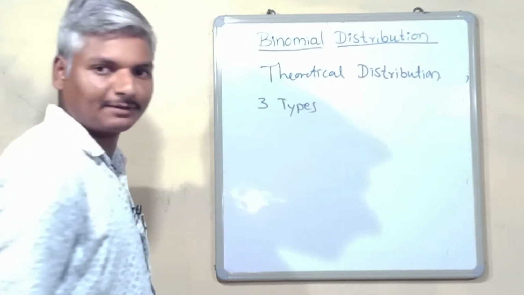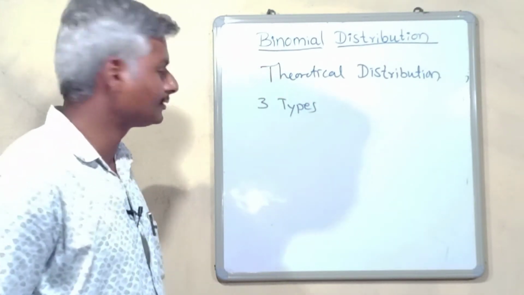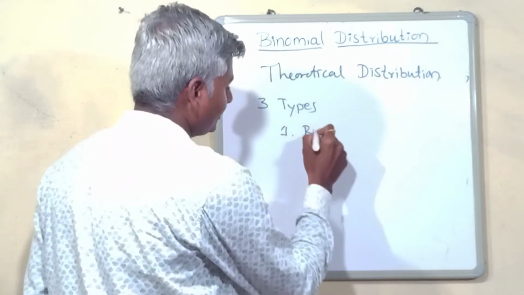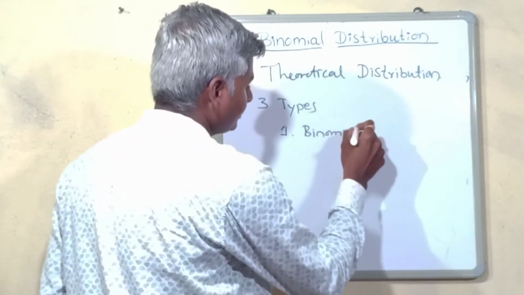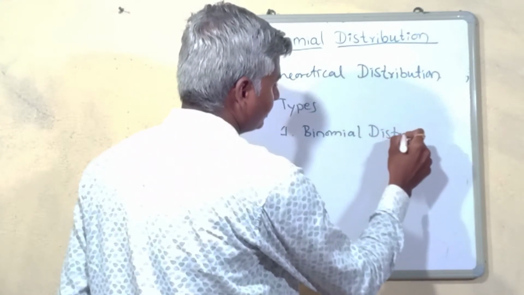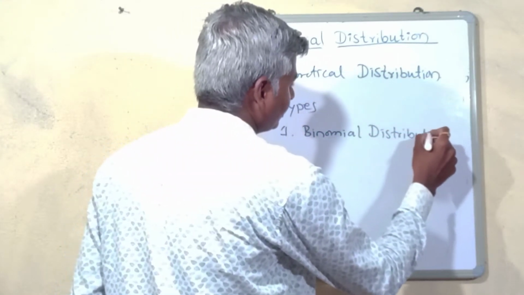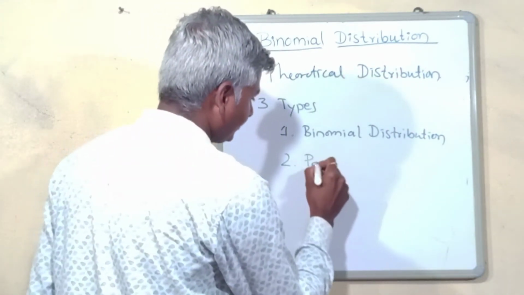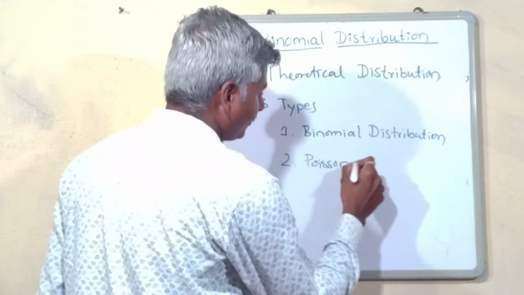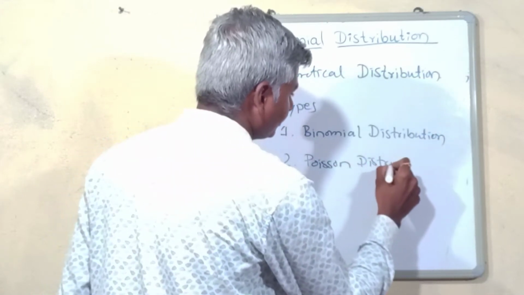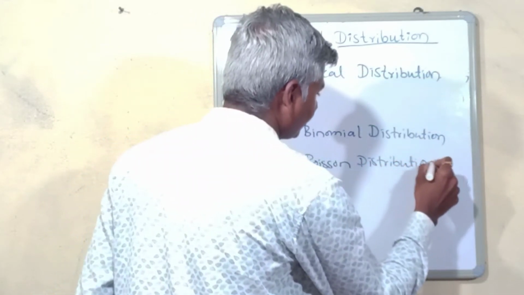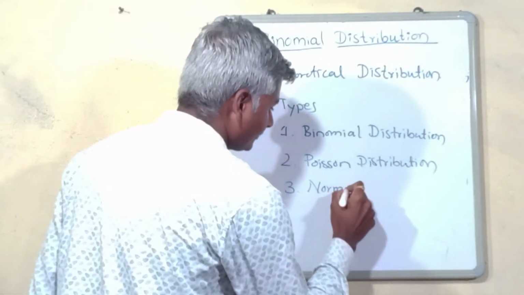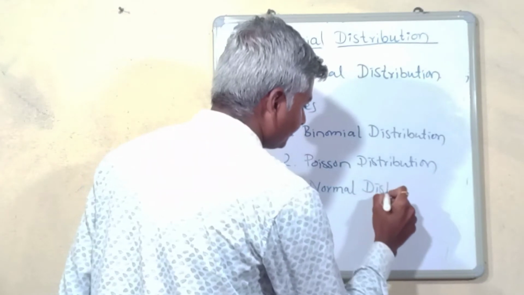The first one is binomial distribution, the second is Poisson distribution, and the third is normal distribution.